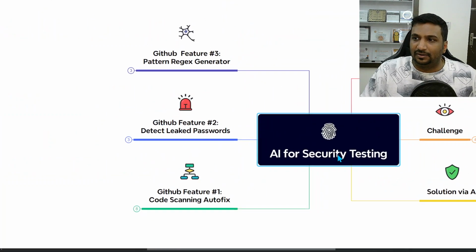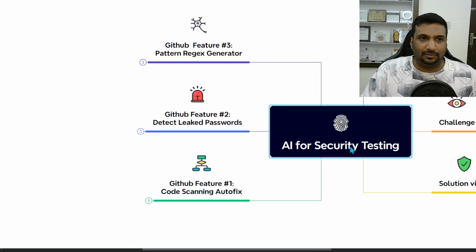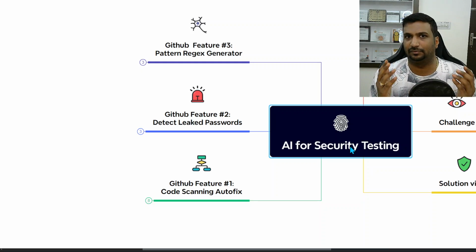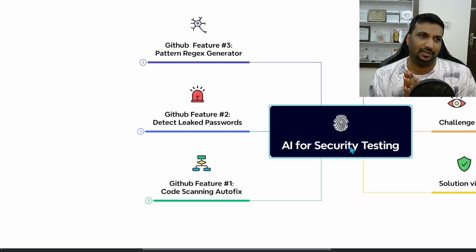Now, AI is a very big umbrella word, so to talk about specific use cases, I've taken the example of GitHub, because I read about it on the GitHub blog. GitHub has three amazing use cases that they have implemented in production using AI.